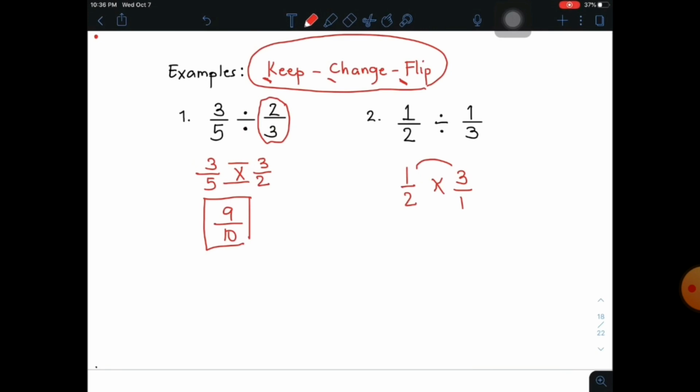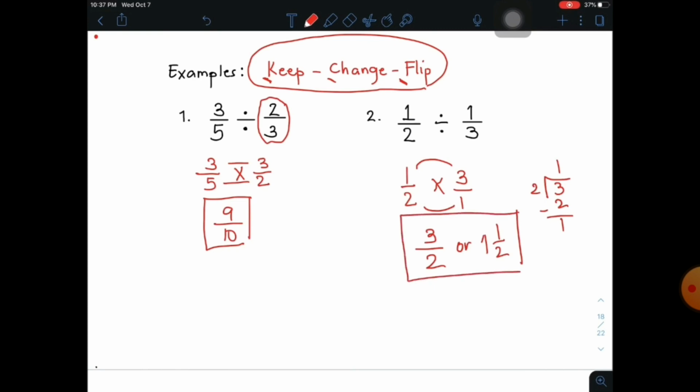So 1 times 3, we have 3. Then 2 times 1, we have 2. Okay, so this is now our final answer, 3 over 2. Or since improper fraction siya, so pwedeng maging mixed number. So gawing mixed number si 3 over 2. So the answer is 1 and 1/2. So both of these are correct.